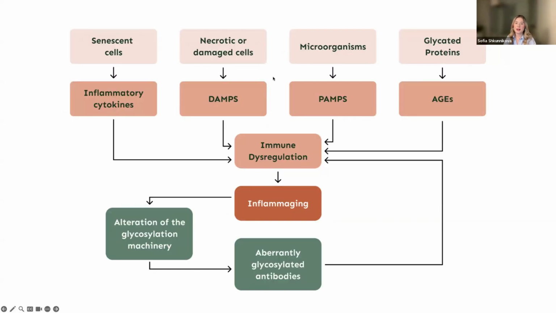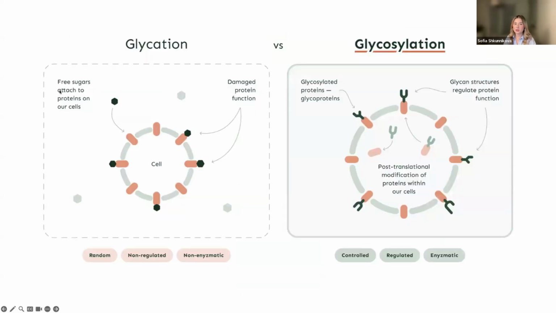So just wanted to address this. I mentioned the glycated proteins and the advanced glycation end products. This is very different to glycosylation. So we know that glycation is a random, non-regulated, non-enzymatic process, which happens when we have too much sugar in our bloodstream. It will quite literally damage our proteins, and this is something that we can measure as HbA1c.